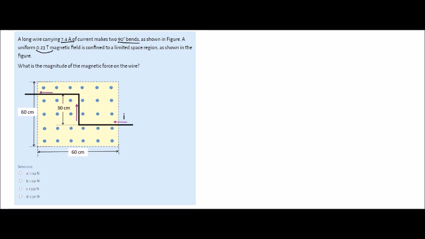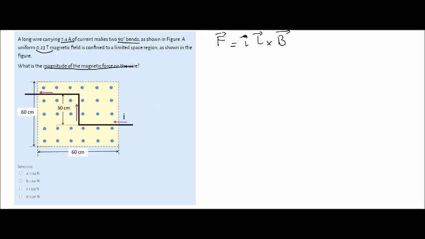In this square, we have a uniform magnetic field. What is the magnitude of the magnetic force on the wire? Okay, so we need to calculate the force on the wire. What is the force on the wire? I, L cross B.